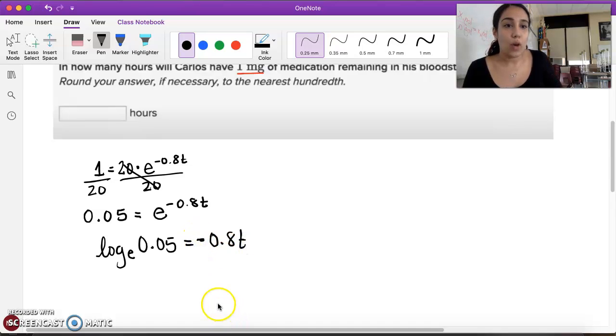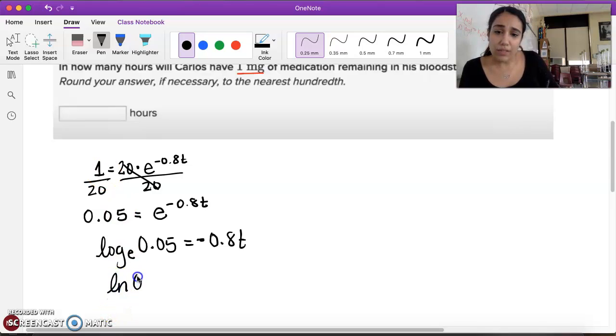All I did was change it to logarithmic form. That is it. Now, what is log base e the same thing as? It is the same thing as the natural log of 0.05 equals negative 0.8 t.